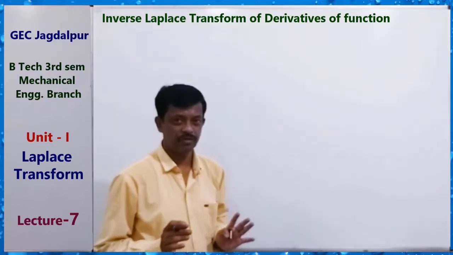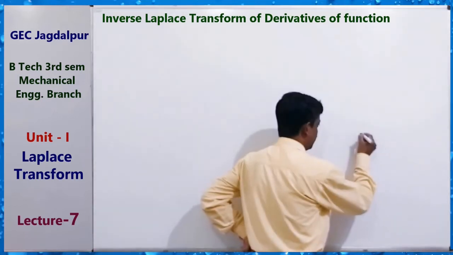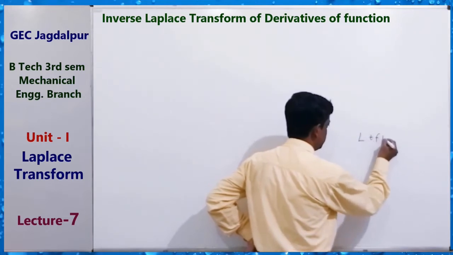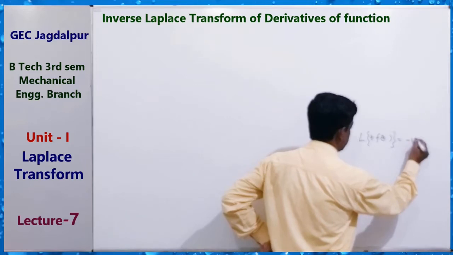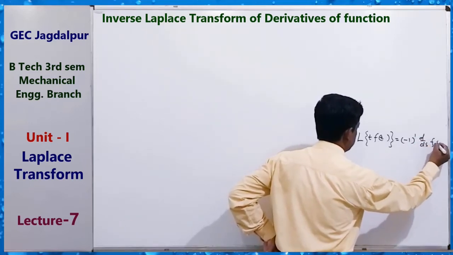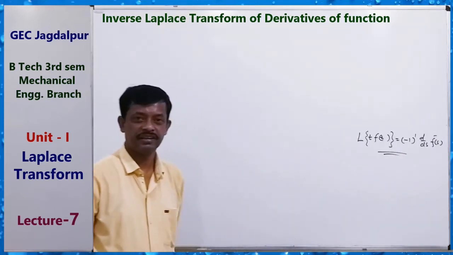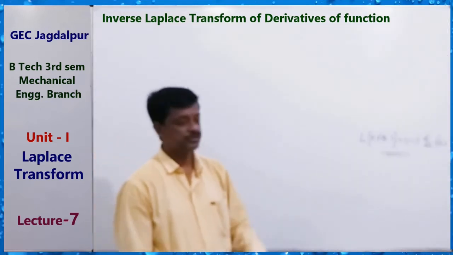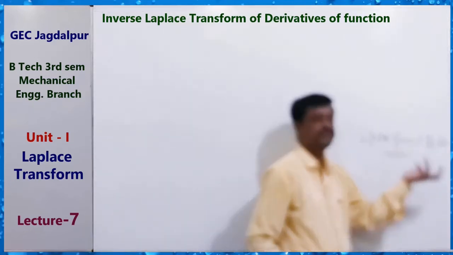We know a formula, what? L of t f t equals to what? Minus 1 to the power 1 d by ds of f s bar. We know, remember it? Laplace transform. So invert it. L inverse of this is equal to t f t.